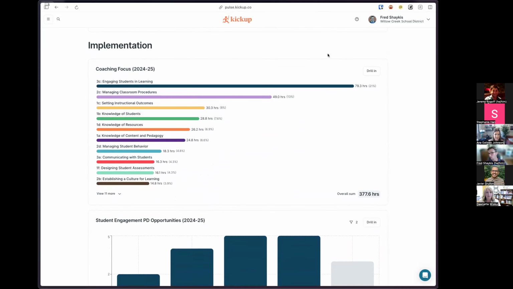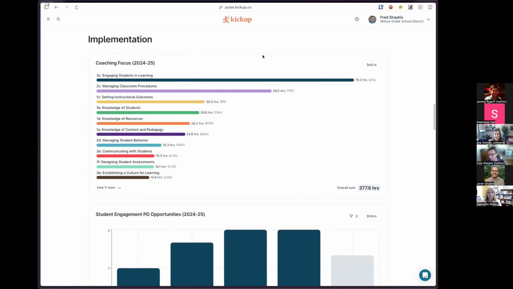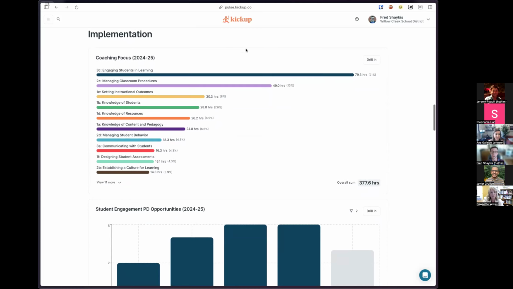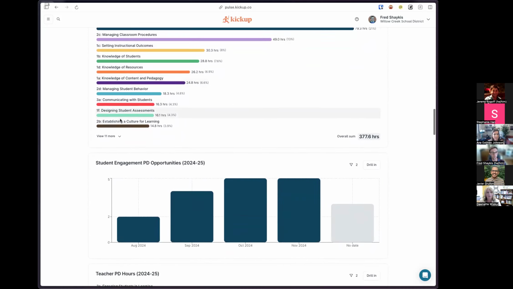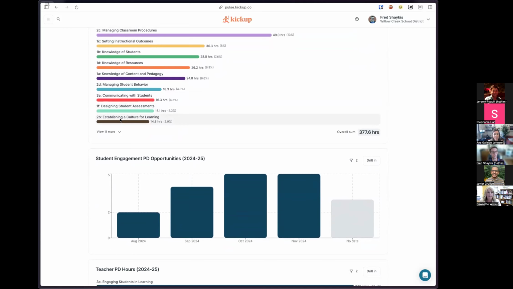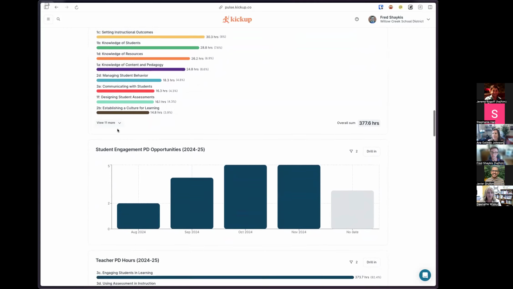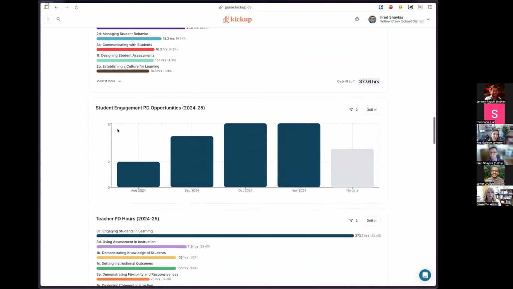We're a few months into the school year now, and in terms of coaching and where coaches were focusing their time, they could see that engaging students in learning was the primary focus for coaches, which shows them that those concerted efforts were working. They also worked with instructional leaders to ensure that fall and summer PD days were more focused on student engagement.